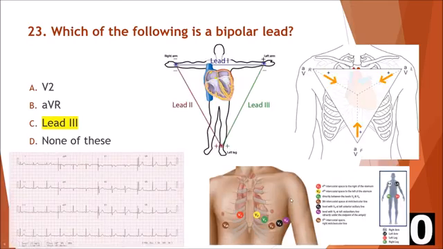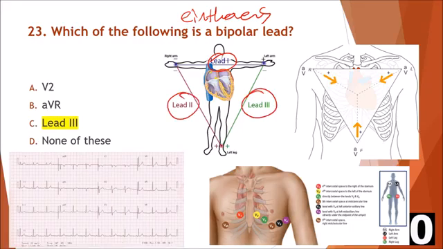And the answer for this one should be lead 3. So remember, Einthoven's triangle, right? Einthoven's triangle is going to be composed of lead 1, lead 2, and lead 3. And those are all bipolar because they're using 2 poles to make 1 lead. You use 2 poles to make 1 lead.